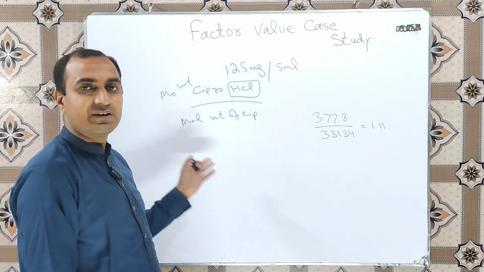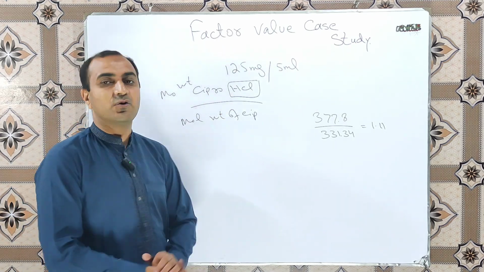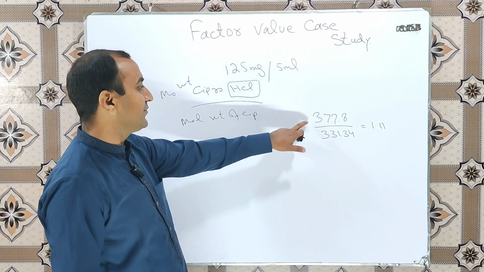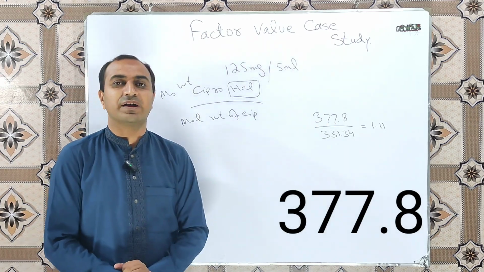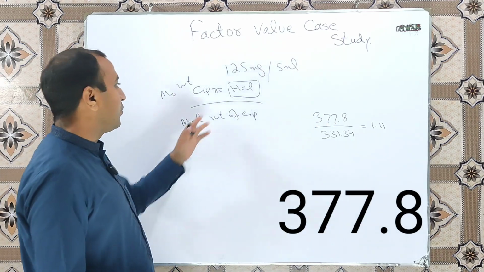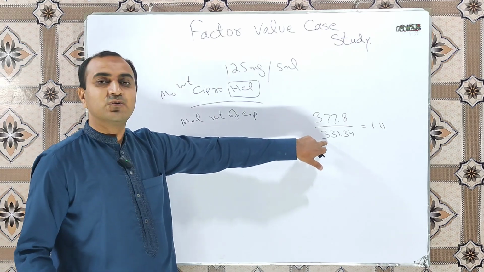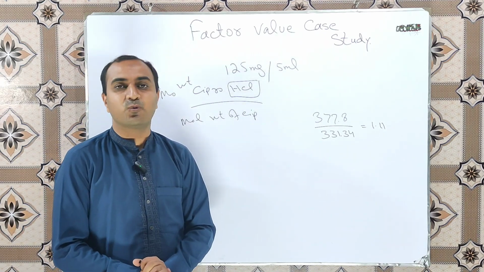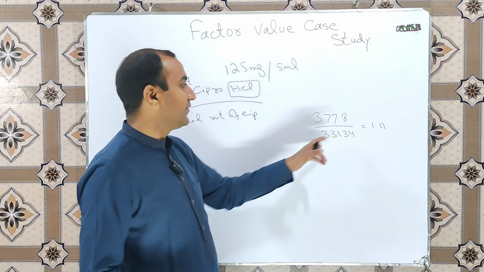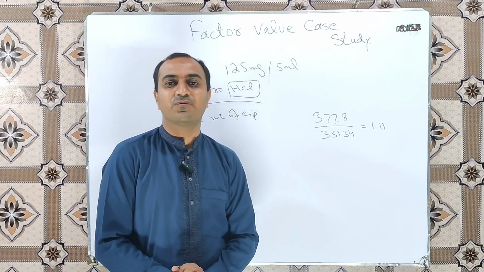You can check it from Google. The molecular weight of ciprofloxacin HCl is 337.8, and without salt its value is 331.34. The answer will be 1.11.